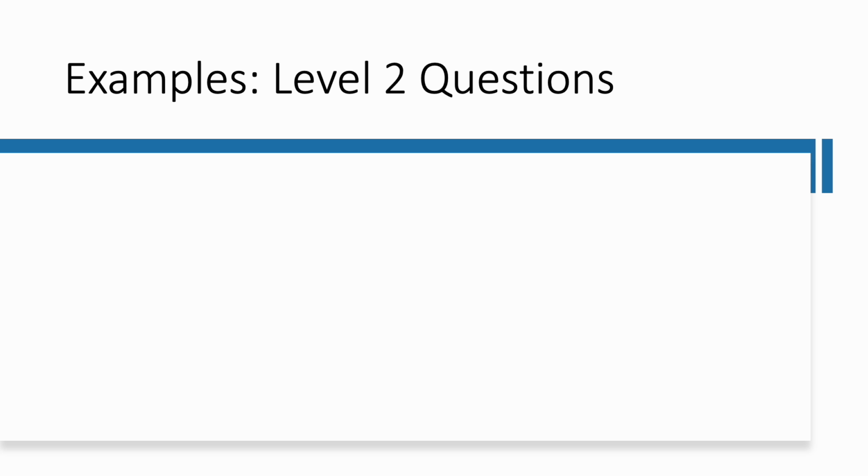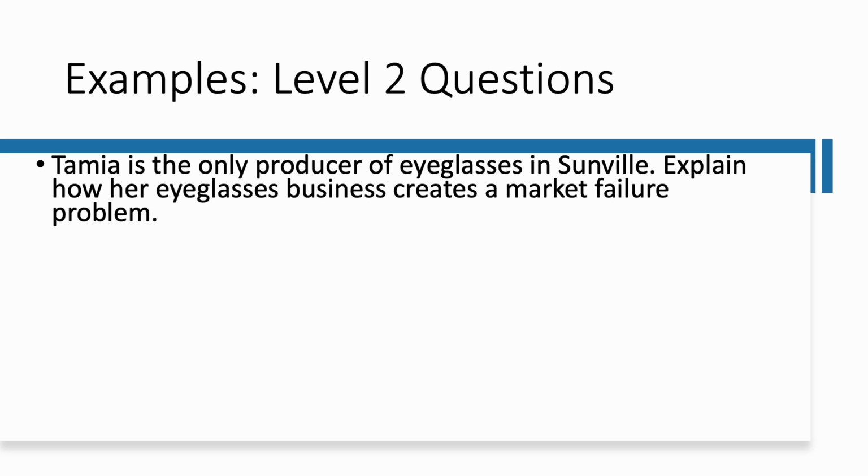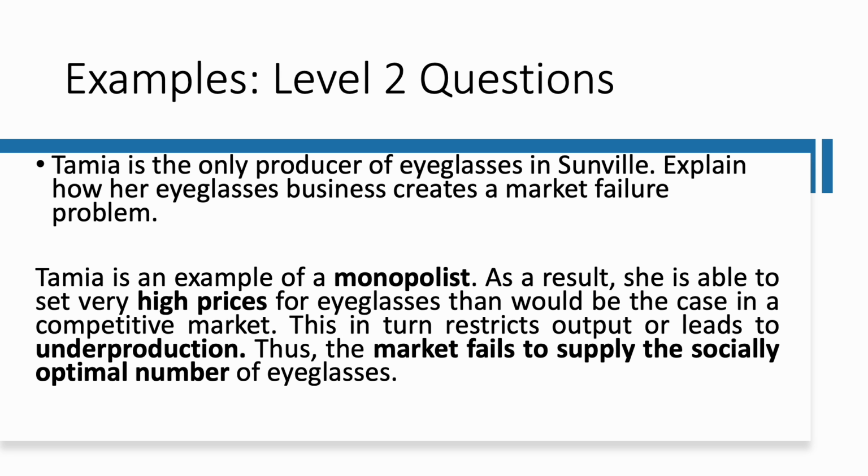Now let's consider a market failure question using a brief scenario. Tamia is the only producer of eyeglasses in Sunville. Explain how her eyeglasses business creates a market failure problem. An explanation is, Tamia is an example of a monopolist.